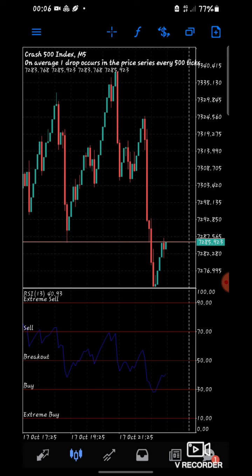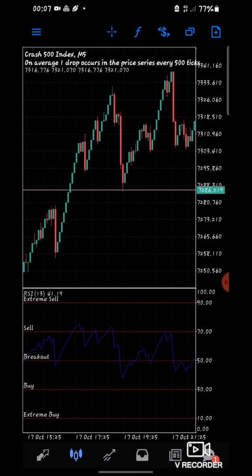Then respect this RSI very well, because RSI is the indicator we are making use of to make this strategy accurate.